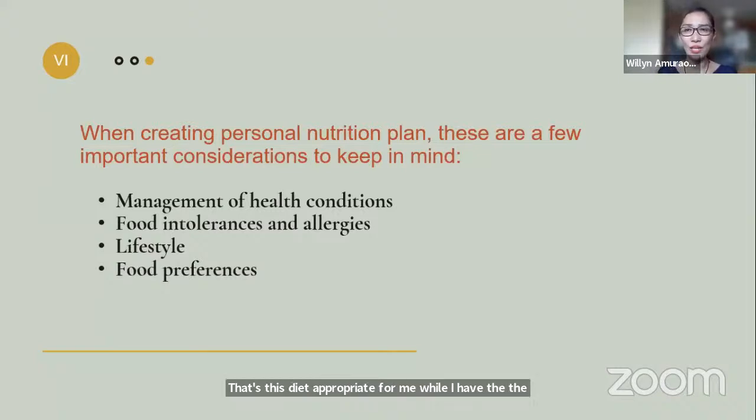I have cardiovascular disease. I have liver disease. I have cancer. So you have to consider those things also. What I mentioned a while ago, the diet for this person is not applicable also to you. So you have to choose what is appropriate according to your needs.